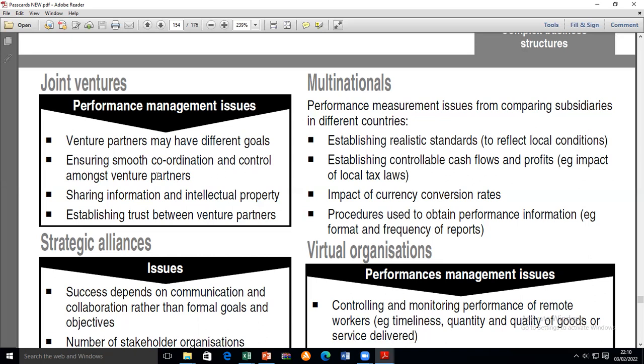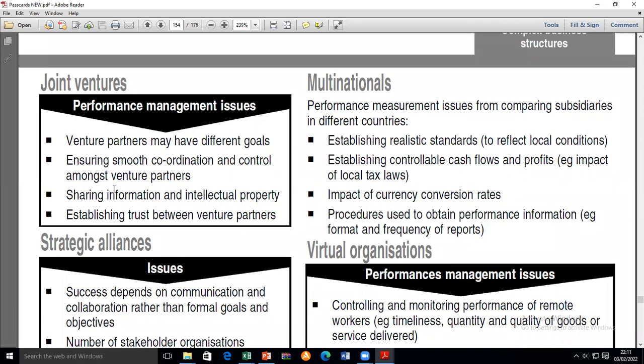If it's the organization alone, the organization structure is enough. And you have enough mechanism for controlling and correcting everything. But in the joint venture, you need to properly discuss. What of sharing information? To what extent are you going to share information? Because there's this issue of intellectual property as well.